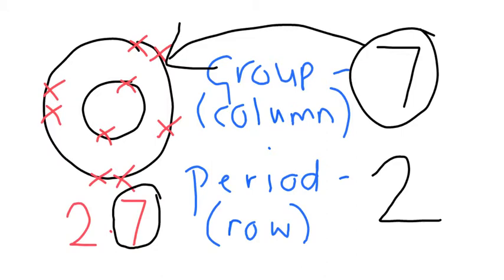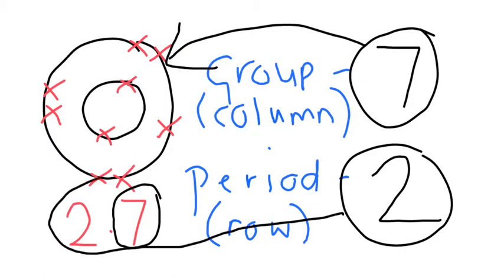In the case of period 2, the 2 links to the number of shells in total. So in the case of fluorine, which is found in period 2, it has 2 shells in total.